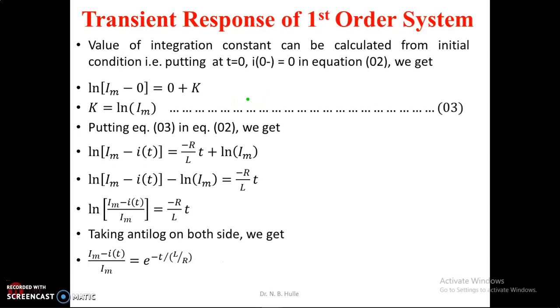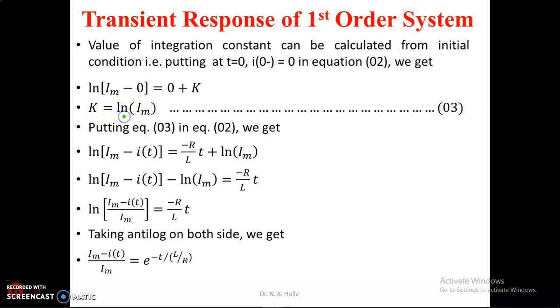Now if we are putting the initial conditions, as we have already analyzed the circuit for t less than 0, at t equal to 0, i(0 minus) is equal to i(0 plus) is equal to 0. If we put that value in equation number 2, it will become log of Im minus 0, this term will be 0, which is equal to k, and we will get the value of the integration constant as log of Im.